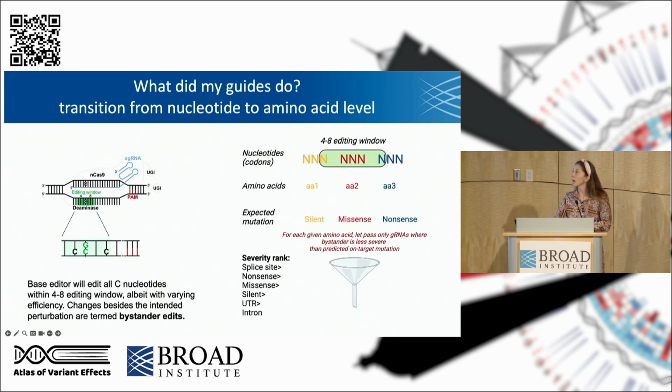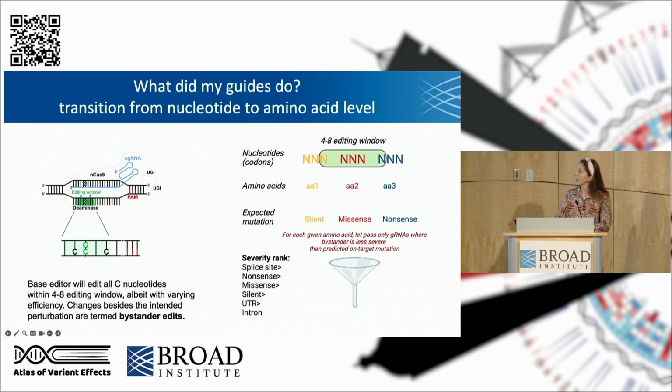Finally, it is now time to zoom in on the performance of the guide RNAs that target your gene of interest. And here the important consideration relevant to the base editors themselves is that the base editor can edit nucleotides within a given editing window. Here it is 4 to 8 nucleotides, and all the nucleotides that are amenable for a particular base editor would be edited.